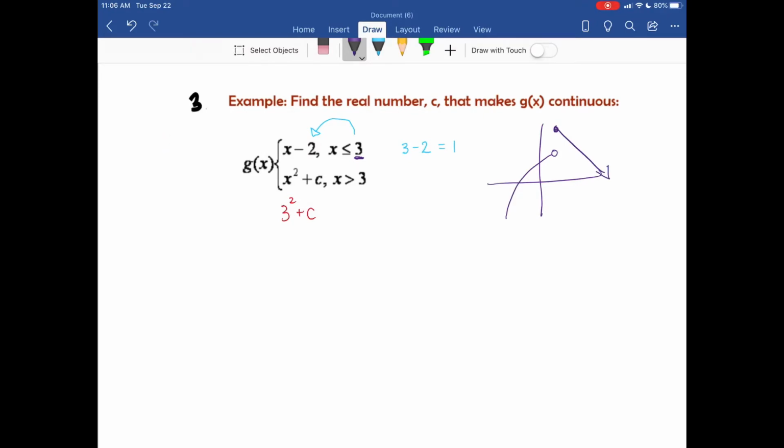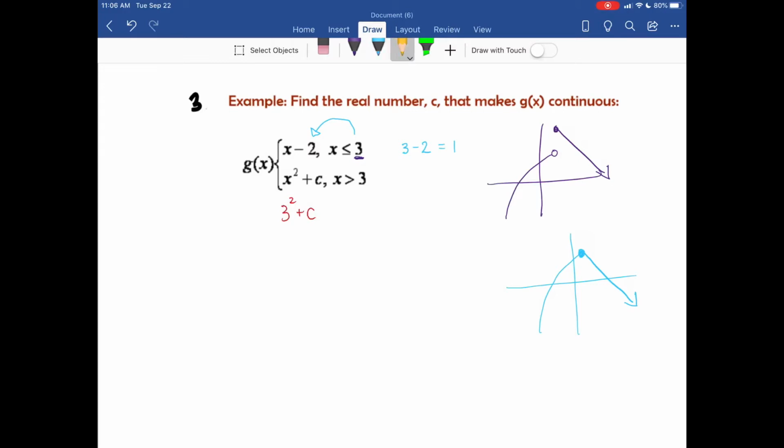So what we want to do is make this c value just so that those two points will meet at the same y value.